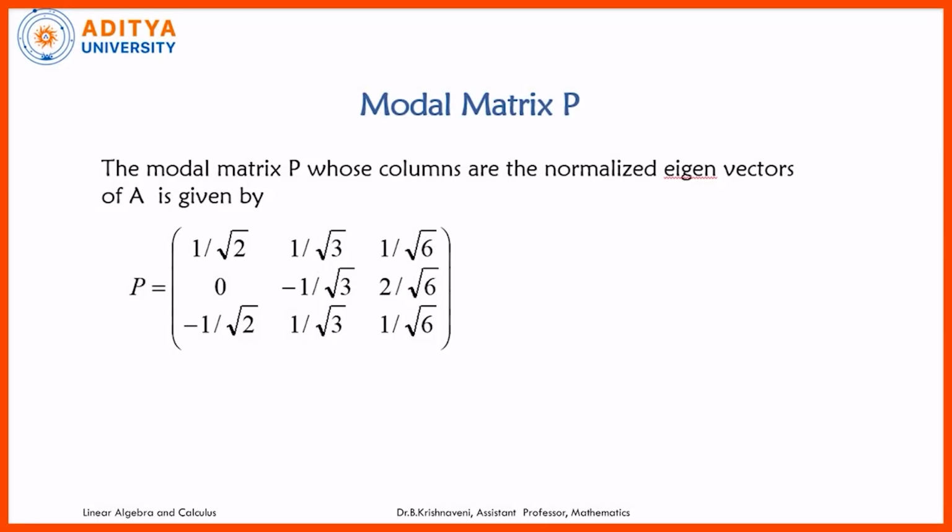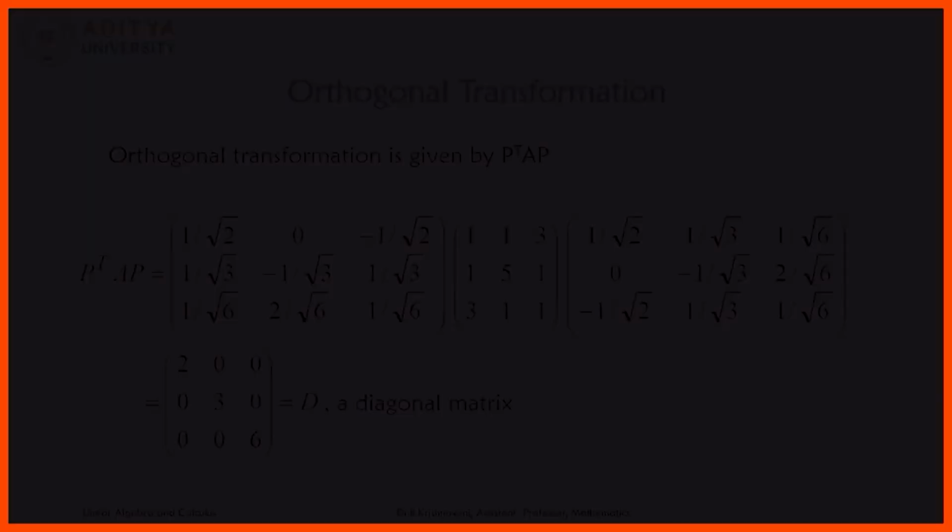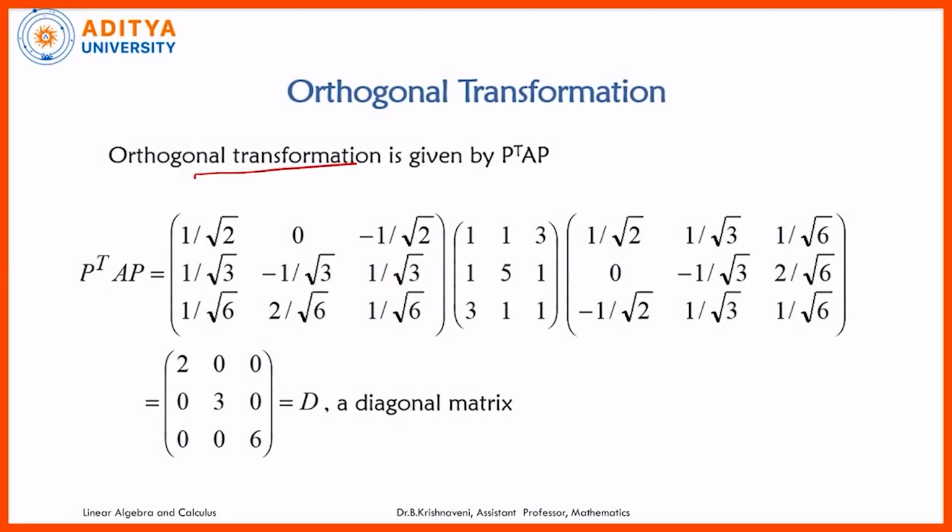Hence, now we can write the model matrix whose columns are normalized eigenvectors, which is given by P equal to 1 by root 2, 0, minus 1 by root 2, 1 by root 3, minus 1 by root 3, 1 by root 3, 1 by root 6, 2 by root 6, 1 by root 6, where each column is nothing but a normalized eigenvector. Now, the orthogonal transformation is given by P transpose AP.